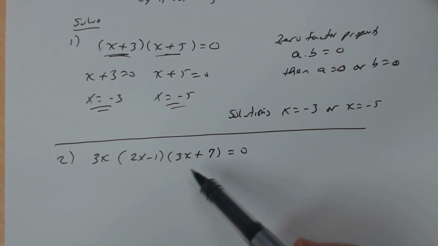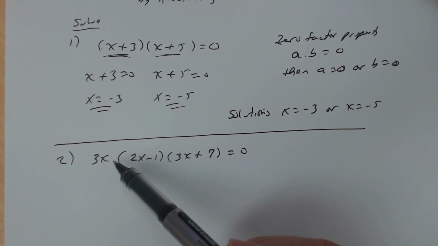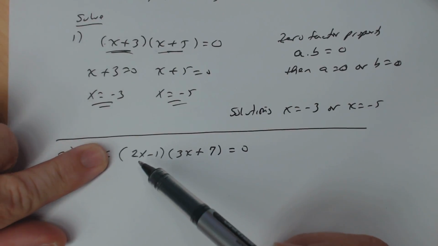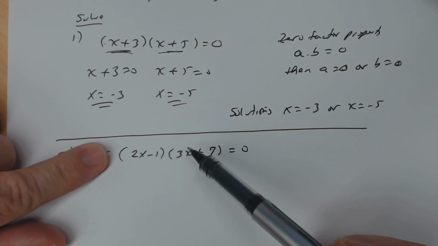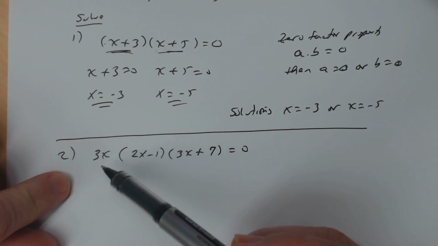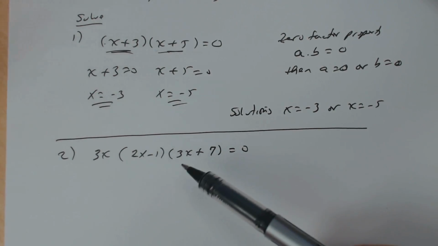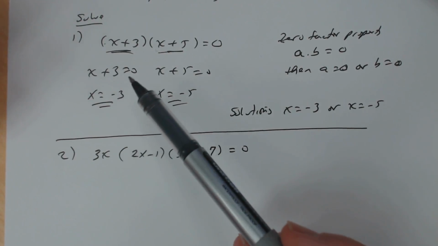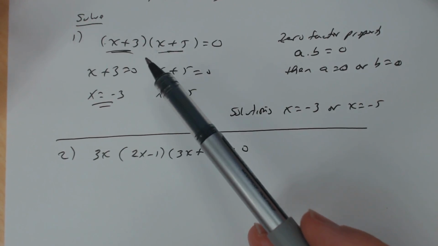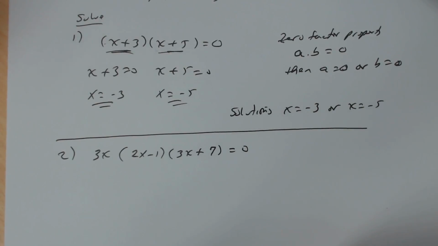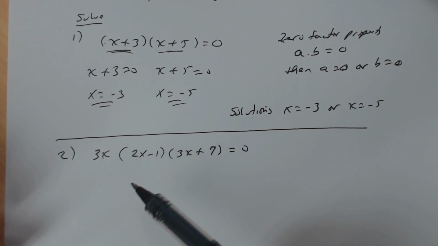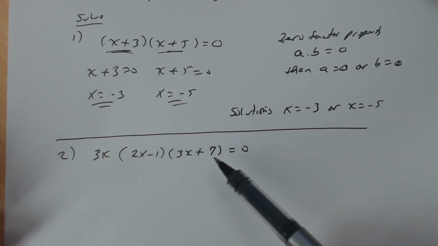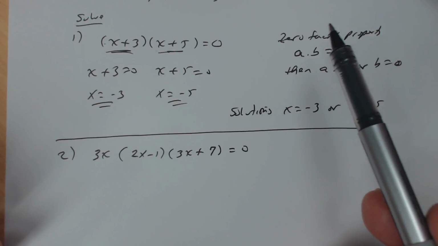All right, now obviously this is not going to be quadratic because if I cover this part up and FOIL this, this is going to be 6x squared, but that 6x squared being multiplied by 3x is an 18x cubed. So it's not quadratic because for a quadratic, the largest exponent would have to be 2. So you'd have to have x squared as the leading term. But it doesn't matter because what I want you to understand here is that we have two or more factors whose product is 0. Then we can use the zero factor property.